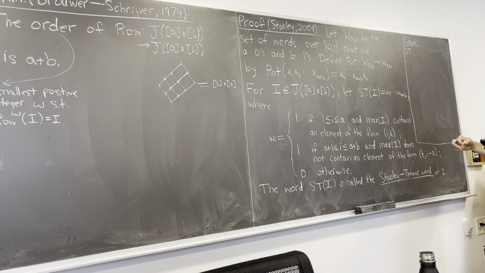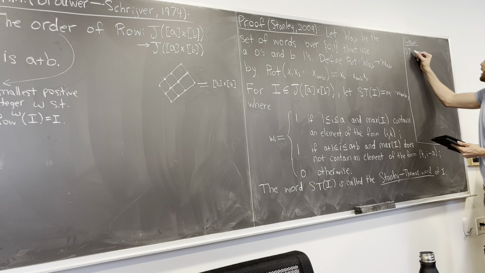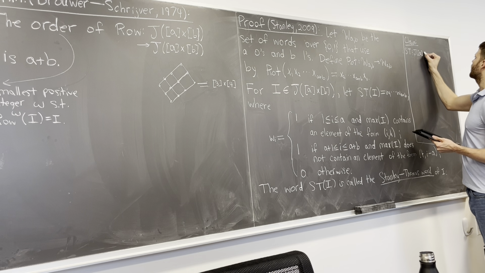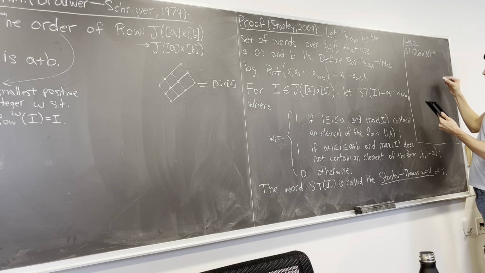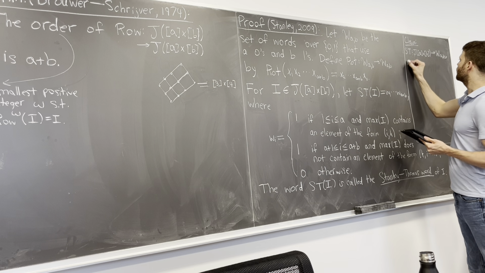Well, this word, if you stare at the definition, you can check that it is in the set W sub A, B. Maybe I'll do an example and that'll make it more clear, but if you just stare at it and think about it for a second, you'll see that there should be exactly A zeros and B ones. So this is actually a map from J of bracket A cross bracket B to script W_A,B. Okay, so it's a map. It's also a bijection.